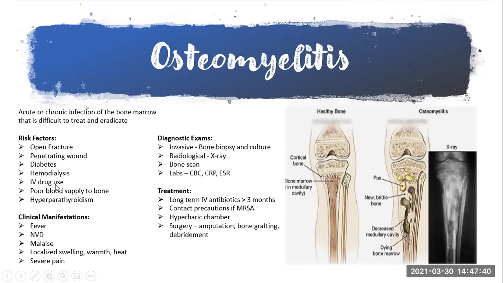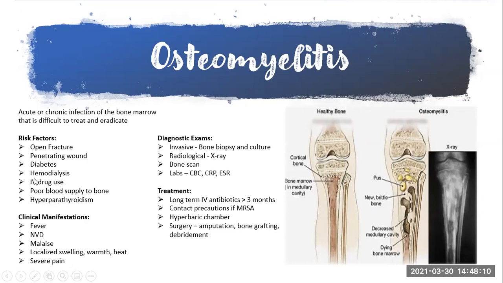osteomyelitis. Obviously, those on hemodialysis already have calcium and phosphorus imbalances. So their bones are weaker and more spongy, easier to become infected. IV drug use, again, is just like penetrating wounds. You're self-injecting.